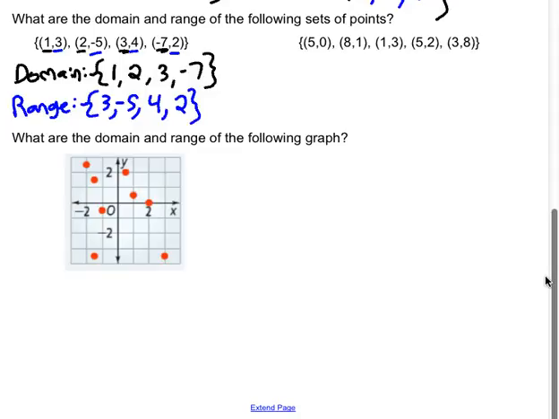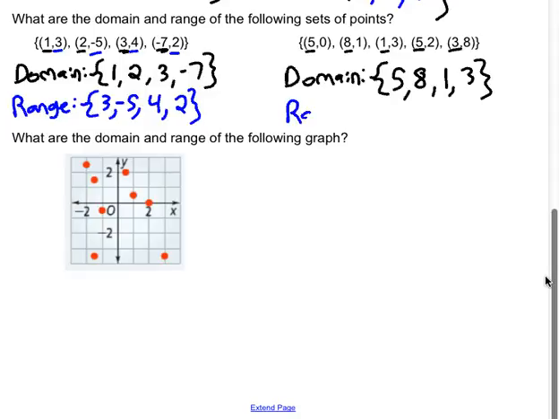Over on my next one, again, same thing. If they want domain and range, well, domain is going to be my list of x values. So I have a 5, I have an 8, I have a 1, I have 5 again, so I'm not going to write it a second time in the same list, and a 3.